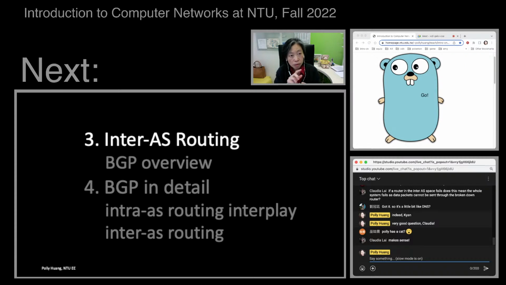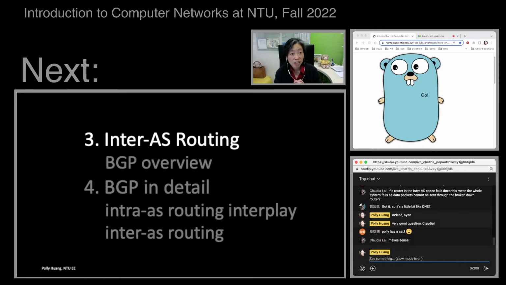Second keyword, eBGP. Those are the connections that these gateway routers will establish. There will be quite a few of these eBGP sessions. They're TCP and connected most of the time so that the gateway routers can exchange these path vectors or reachability information. And if you recall, there's some interaction between the inter-AS routing and the intra-AS routing.